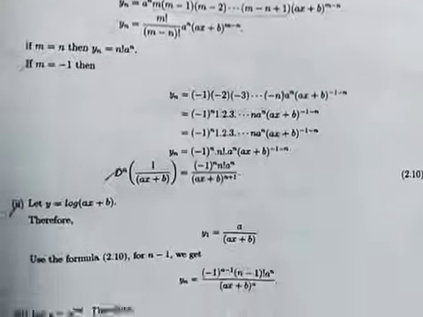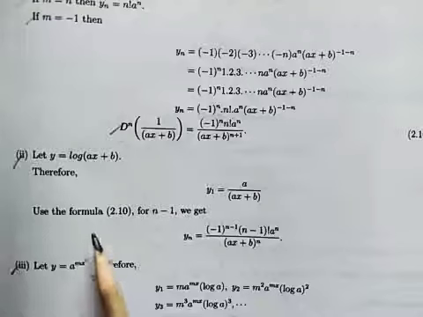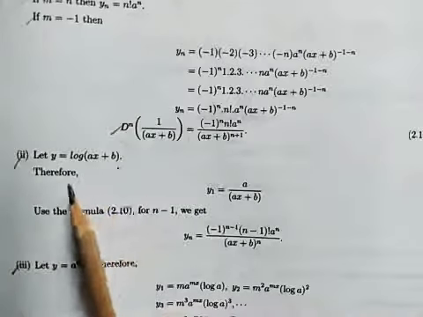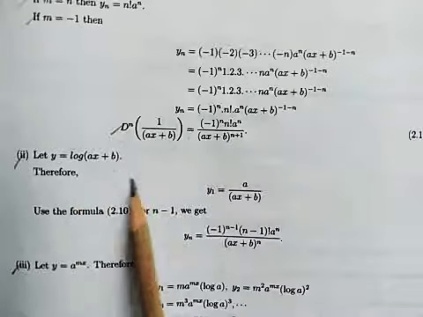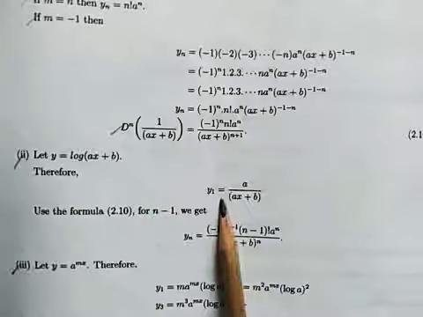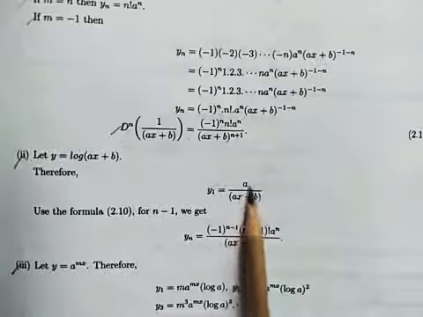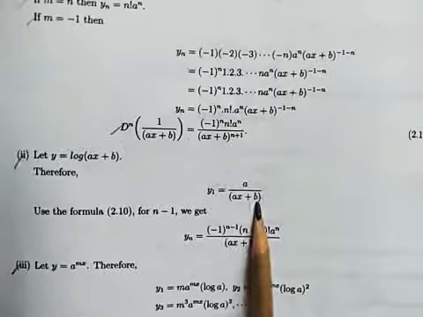Okay. Now let us take another function. Consider y = log(ax + b). What is its first derivative? Its first derivative will be 1 upon (ax + b) into the derivative of ax + b, that is a. So that will be a upon (ax + b).